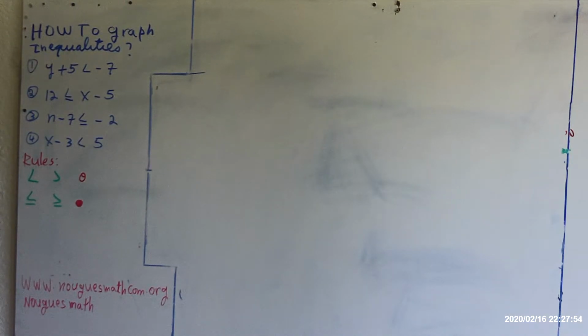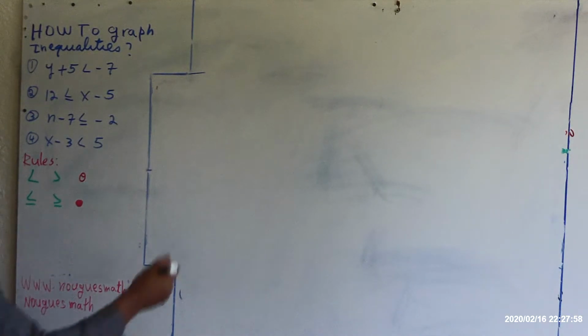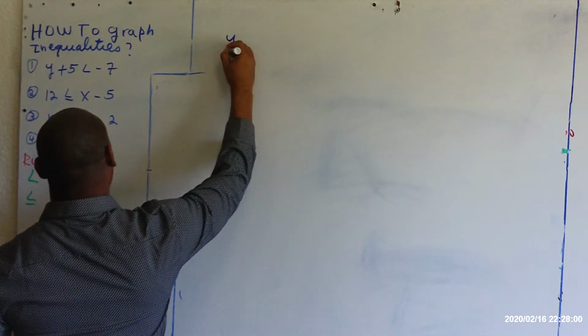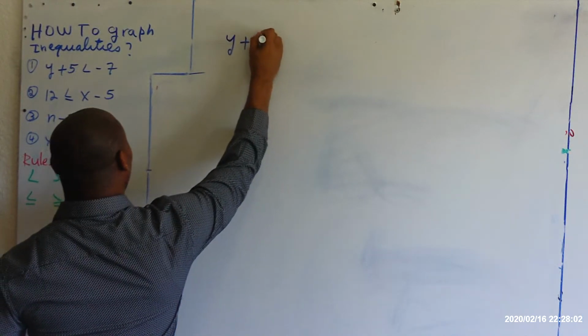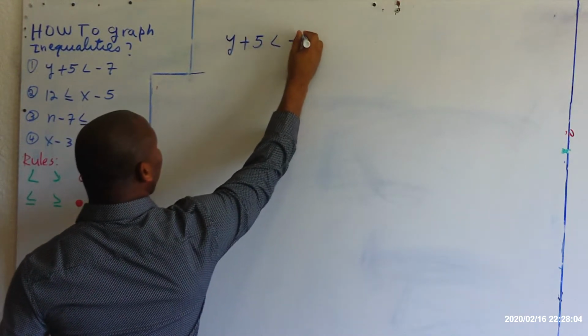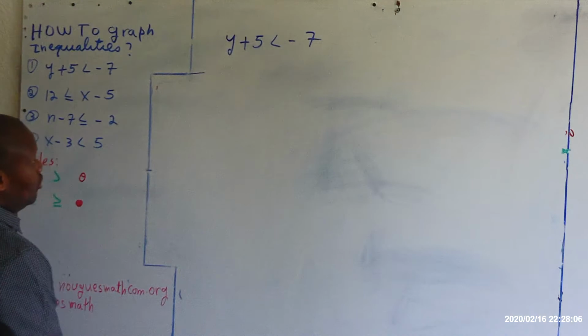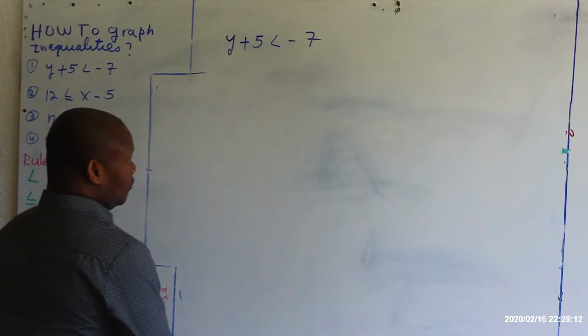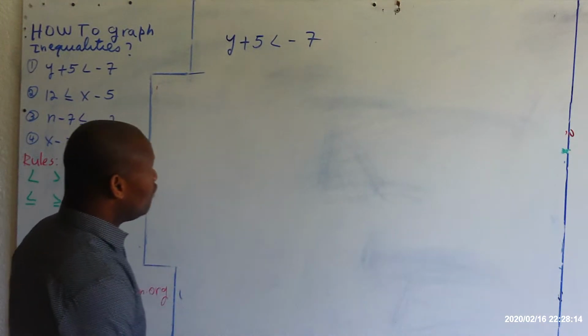Okay, let's grab the first exercise. The first one is y plus 5 less than negative 7. As you learned how to solve inequalities, inequalities are solved the same way you solve equations.